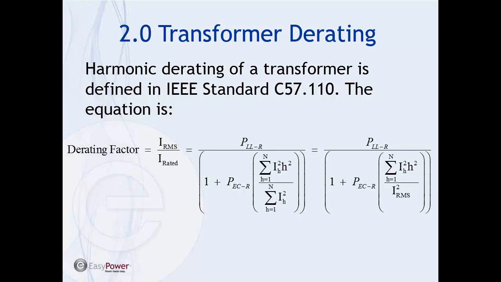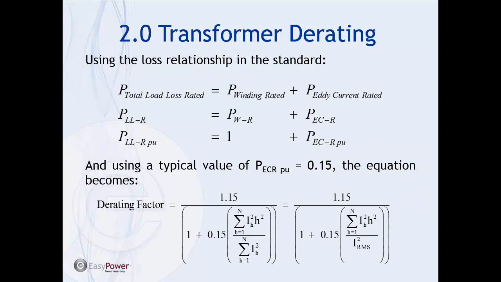But if you actually wanted to do this yourself, if you had the harmonic currents, for instance here in amperes, you could perform this calculation by hand on the side and validate that EasyPower is pretty much doing the same thing that's in this equation. A couple of values I want to mention here are the LL value, which is the total load losses at rated condition of the transformer.